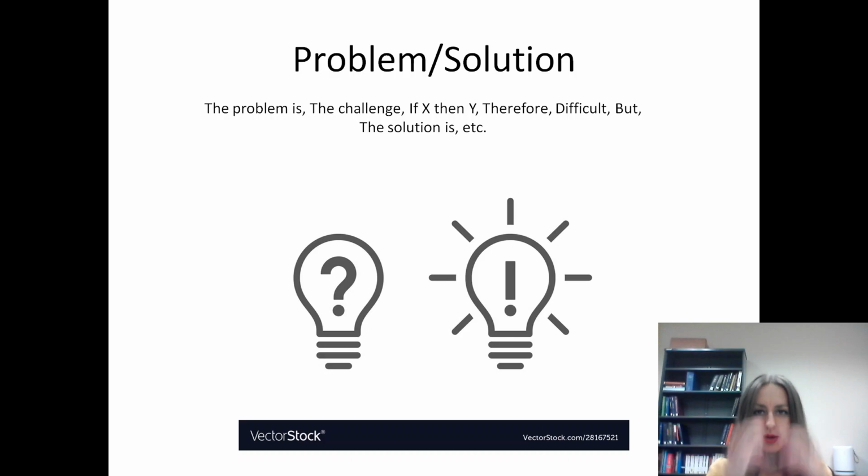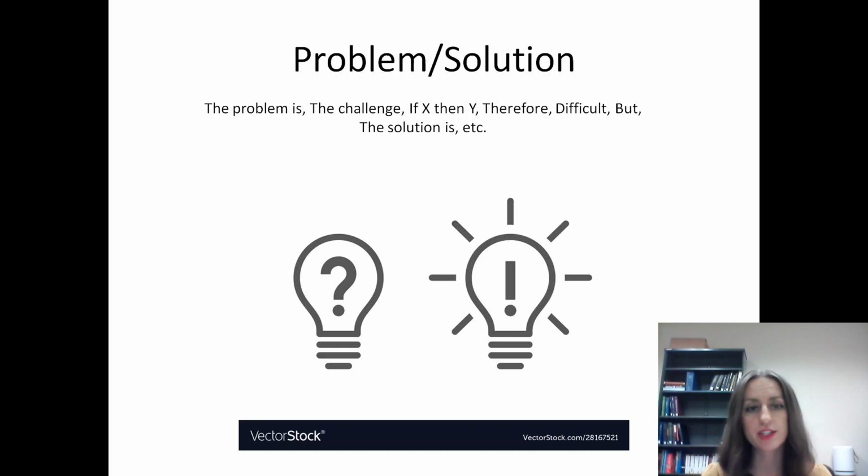All right, let's talk about problem and solution. Okay, this is where the text will introduce a problem or set something up as being a problem, and then potentially offering a solution to it. This is also an appeal to logos, by helping the audience think logically in terms of problems and solutions.